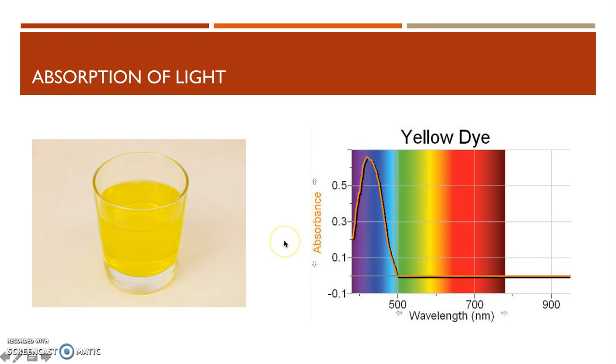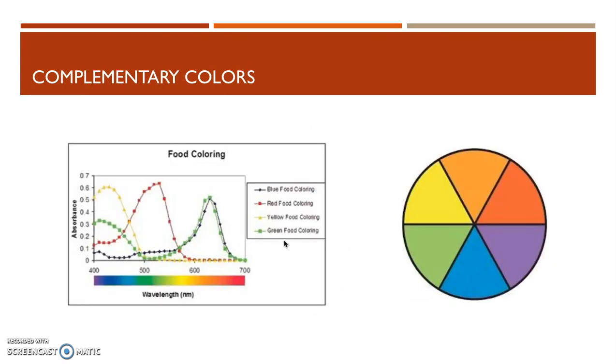So if we want to predict which colors of light will be absorbed by a solution, then we want to consider complementary colors and the color wheel. So here's another set of absorption spectra. Again, we have the wavelength here on the x-axis that goes from 400 to 700. That's approximately the visible range.